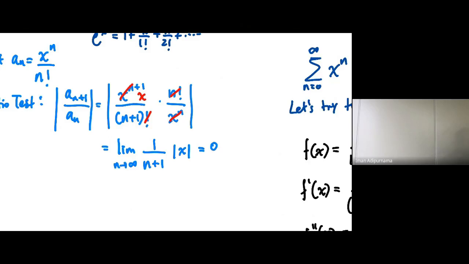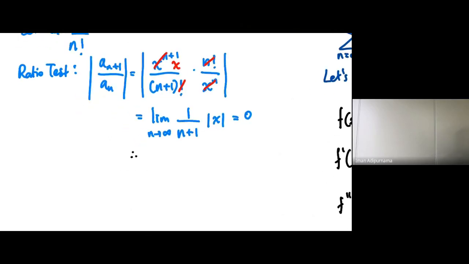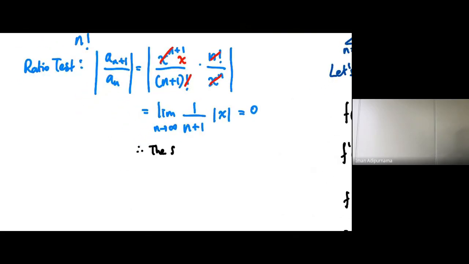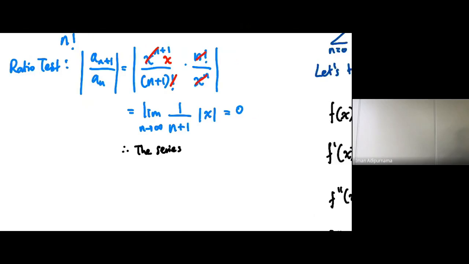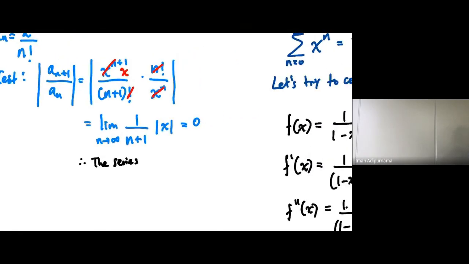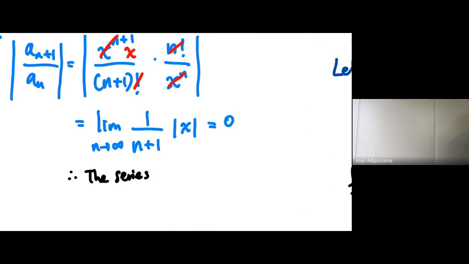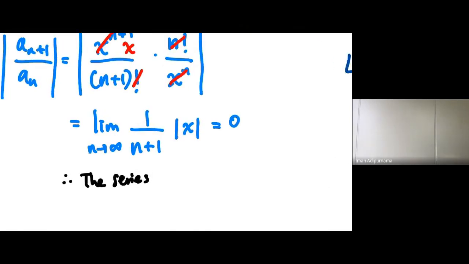So the conclusion, the series, what happens with the series if it is 0? What happened to the series if this is 0? You know what it means?